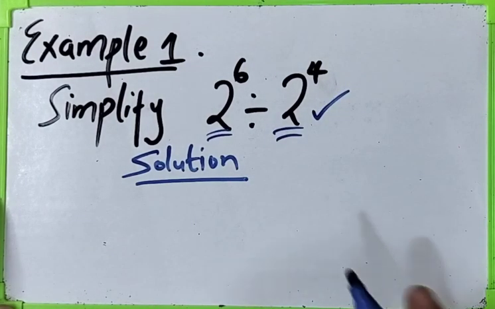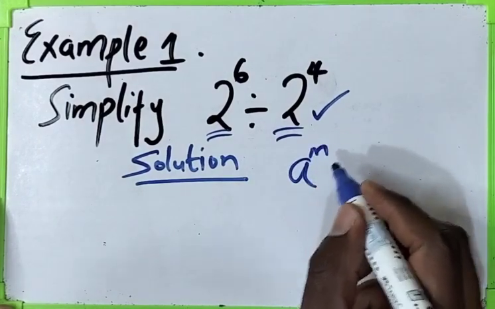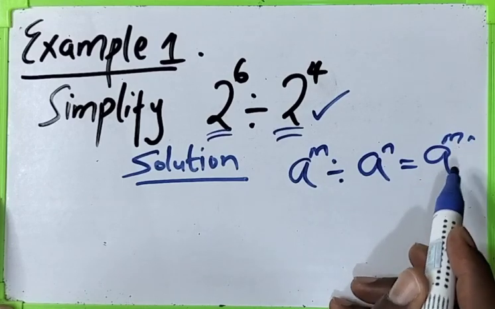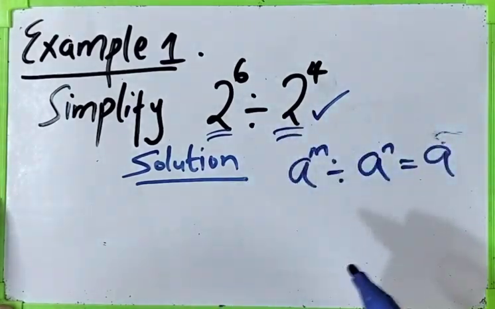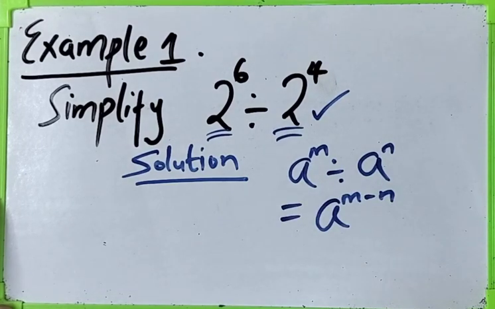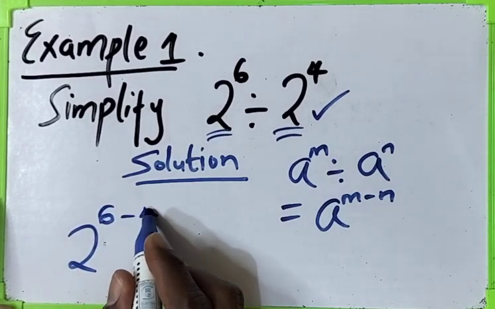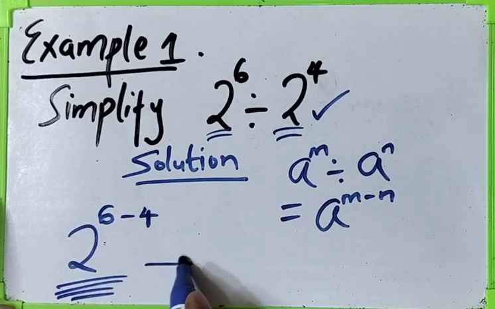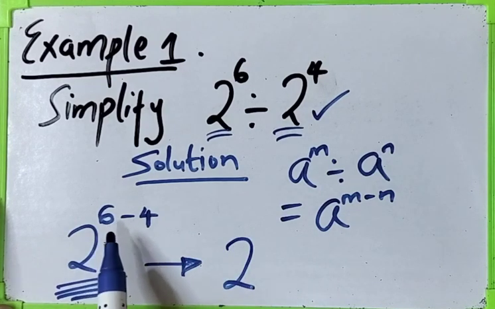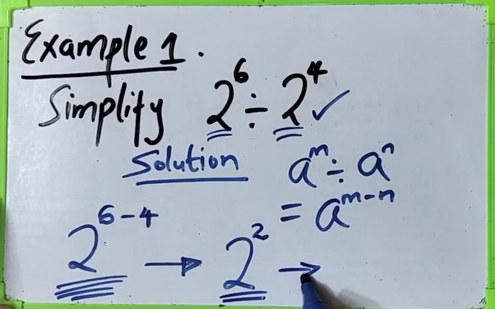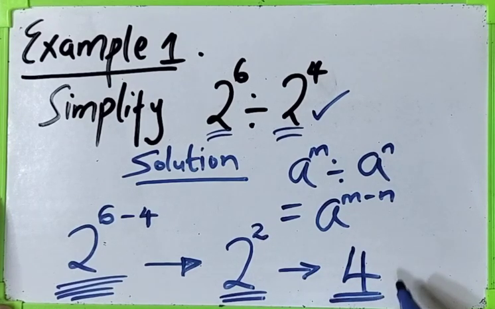And apply the concept where we said a power m divided by a power n is equal to a power m minus n. So we shall say 2 power 6 minus 4. So the powers are subtracted. This gives us 2 power 6 minus 4 is 2 squared. You can leave it at this point or else continue by saying 2 squared is 4. That is like 2 times 2. That is 2 squared.